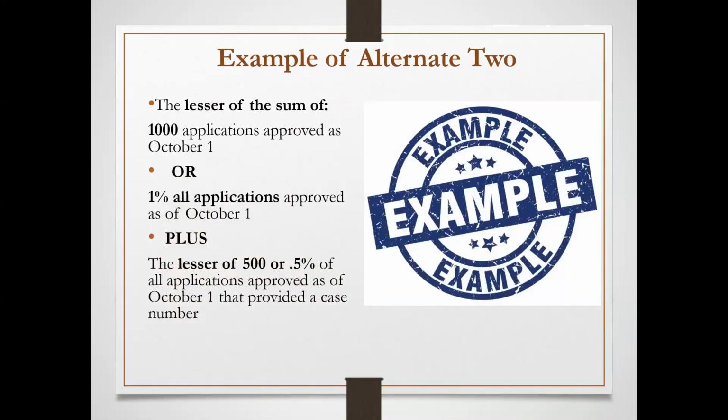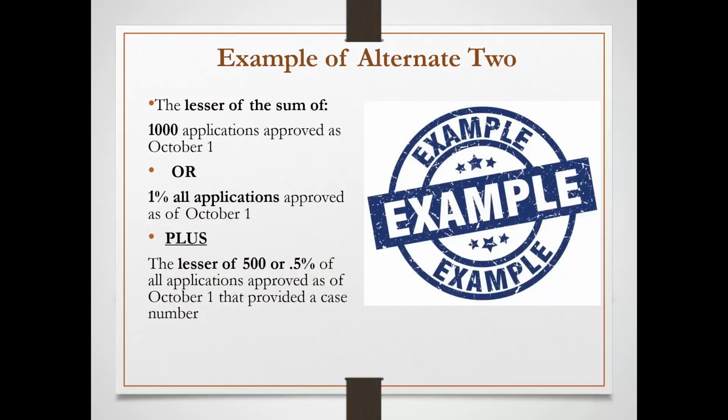All right, and the last example is alternate 2. So don't forget we have 3 methods: standard, alternate 1, alternate 2. This is the third method, alternate 2. So we're looking at the lesser of the sum of 1,000 applications approved as of October 1st, or 1% of all applications approved as of October 1st.